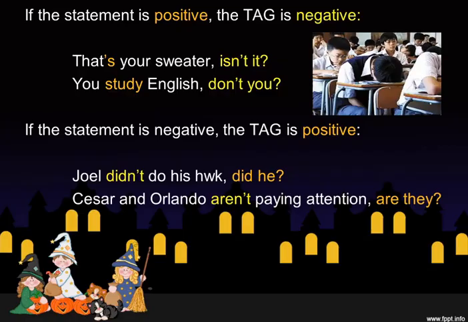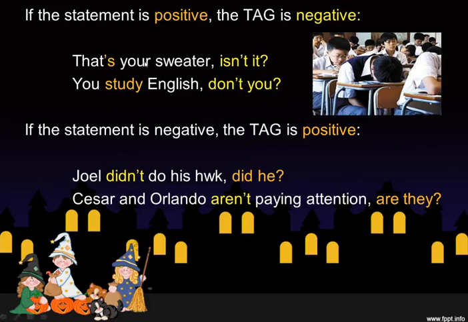Okay, next is the slide. If the statement is positive, the tag is negative. Already we discussed this matter. However, I tell you once again. If the statement is positive, the tag should be negative. Look at this statement.